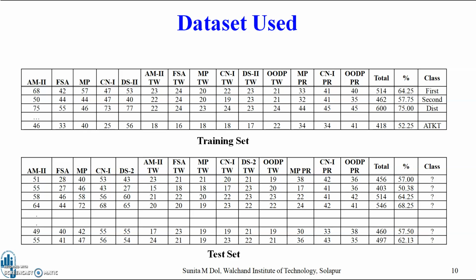To predict the student class using the classification algorithm, we consider the semester 2 result of second year computer science and engineering students. This data acts as a training set for the classification algorithm. The test set is also given in the second table. In the test set, the class is predicted using the classification algorithm.